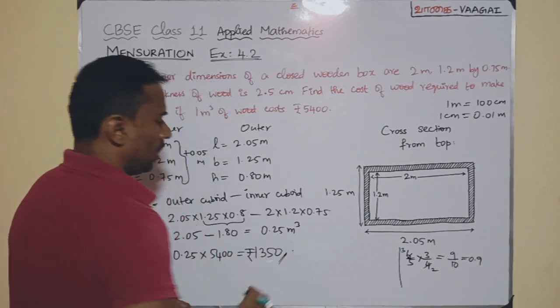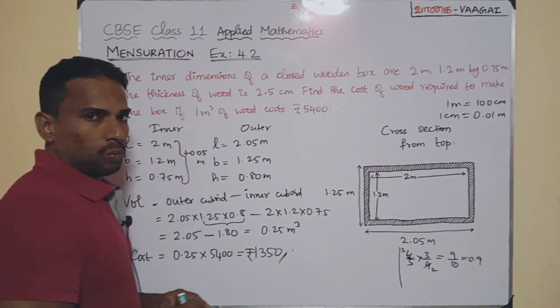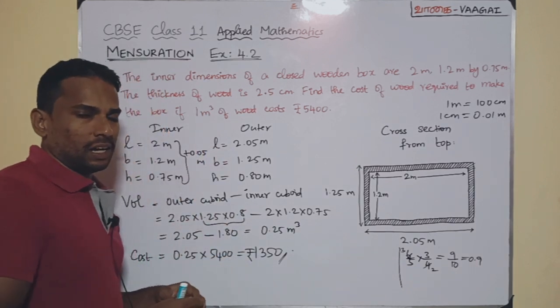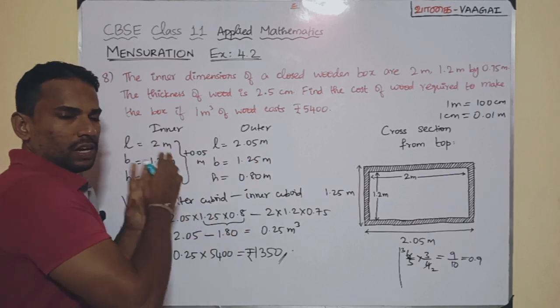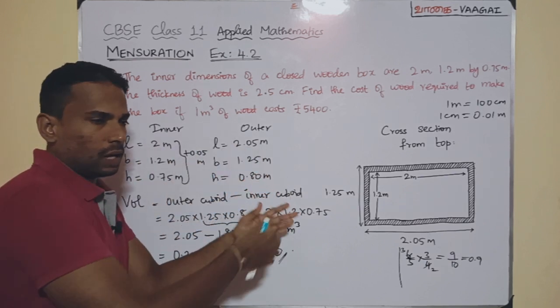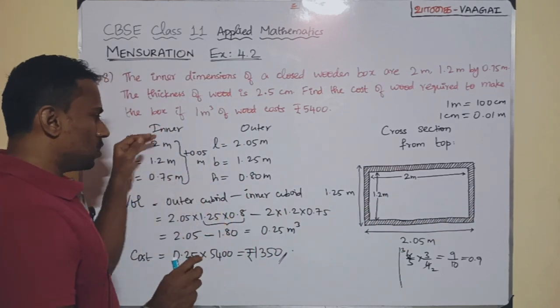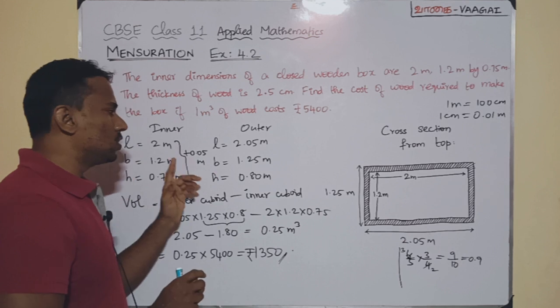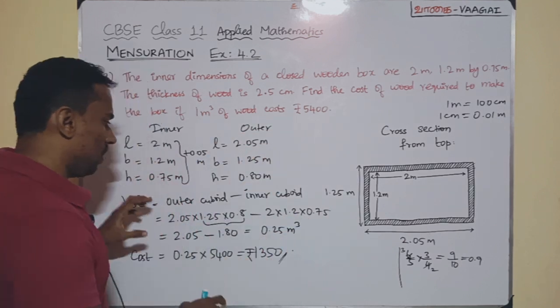Okay, I hope the way we solved the problem is clear to you. What we have to basically understand and get convinced about is that we need a clear comparison between the inner dimensions and the outer dimensions of this wooden box. The simple relation is, if I add 0.05 meters to each of the inner dimensions, I will respectively get the outer dimensions, and we get their volumes.